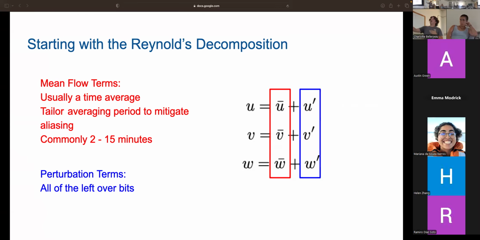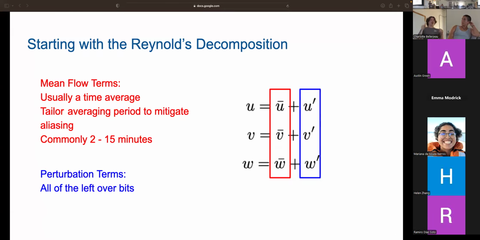So we use a time average, and generally speaking, the rule of thumb varies from 2 minutes to 15 minutes for your moving averaging window of your velocities. And that is entirely dependent on the frequency, or the wave number, of the actual things that you're trying to study.